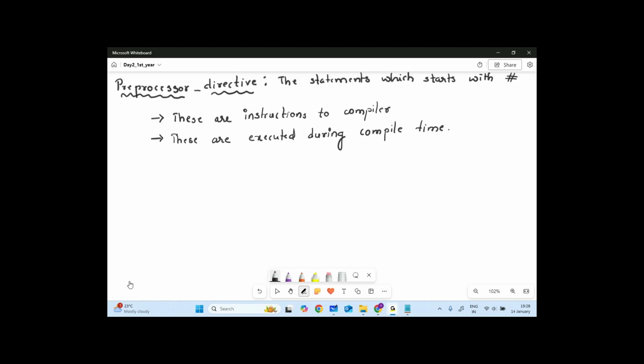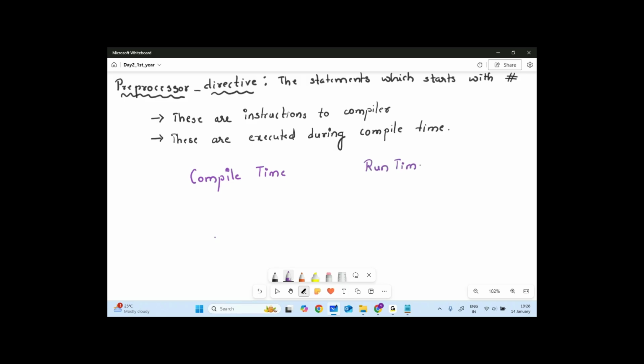Now let's continue. First of all, what we need to understand is that there are two times. If you take any program in C language, two processes come into the picture. One is compile time and another is runtime.